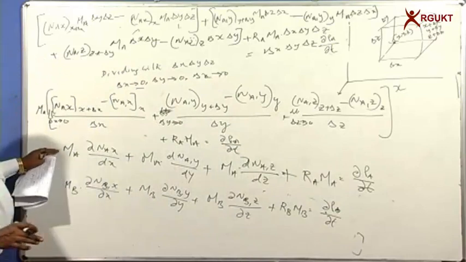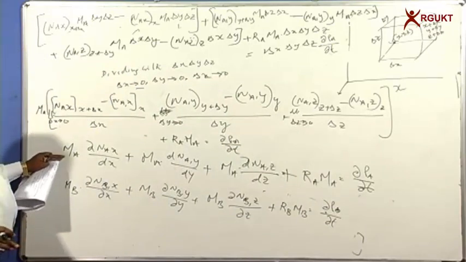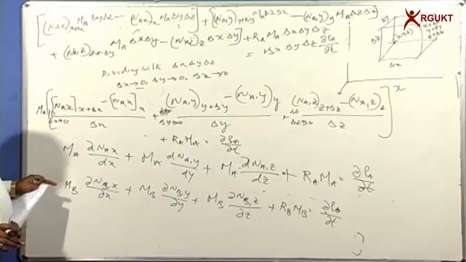So this is the mass balance equation for component A, and this is the mass balance equation for component B.